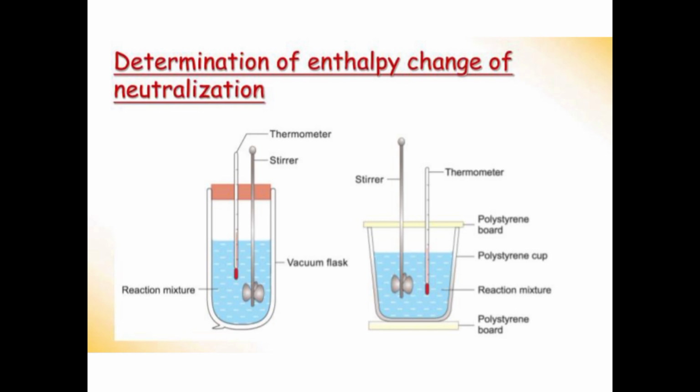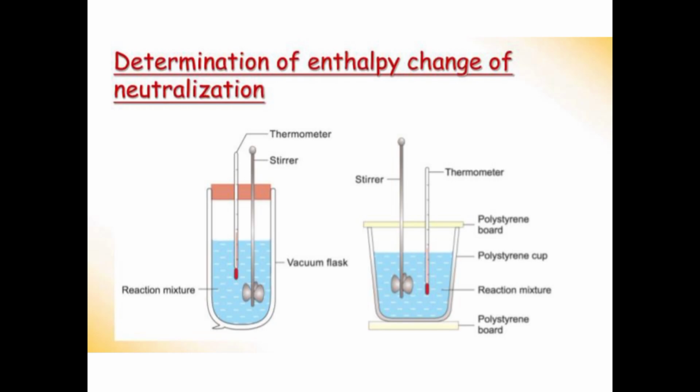This is the setup. We have the reaction mixture, the container, the stirrer, and the thermometer to measure the temperature. Then you stir very well, and there is a polystyrene cup and a polystyrene board, and you can measure the temperature from here.